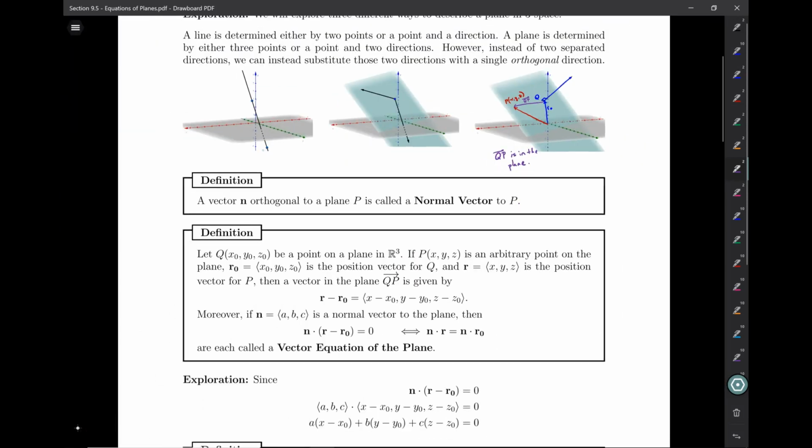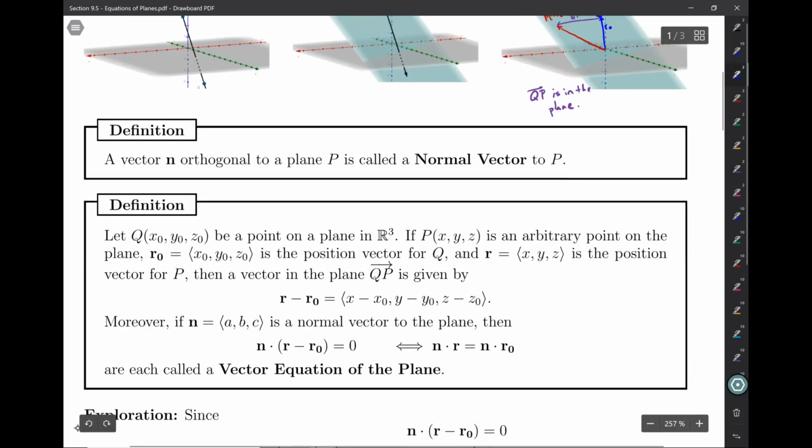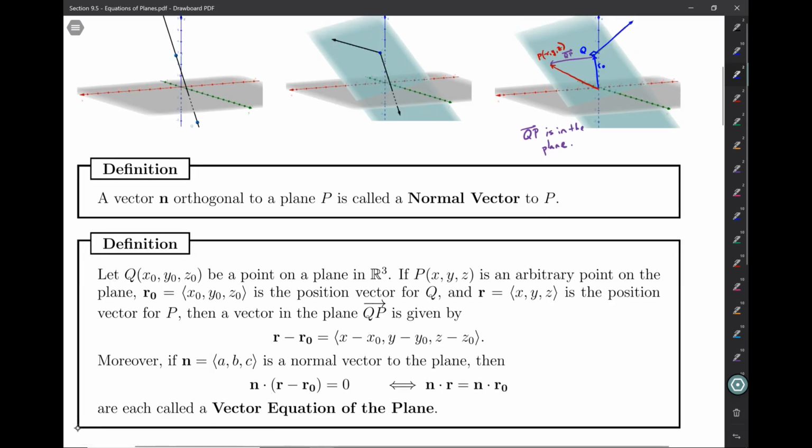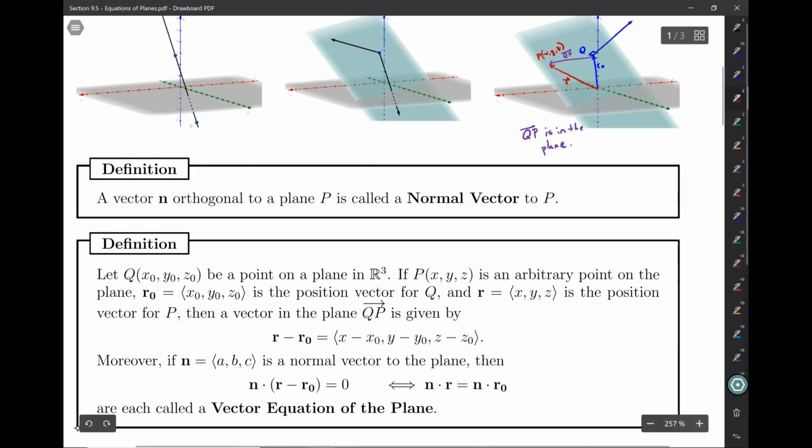And QP has a representation. We can write QP as r minus r naught. If we look at our triangle here, then we have r is our vector over here, and r naught is our vector here. And if we look at the subtraction of r minus r naught, then we get the vector QP.